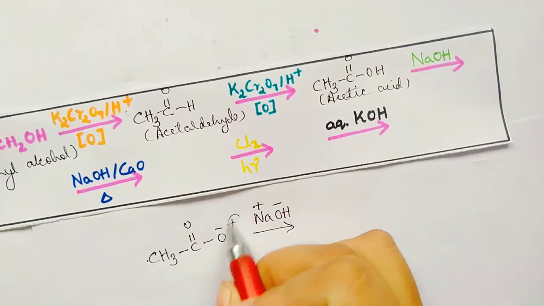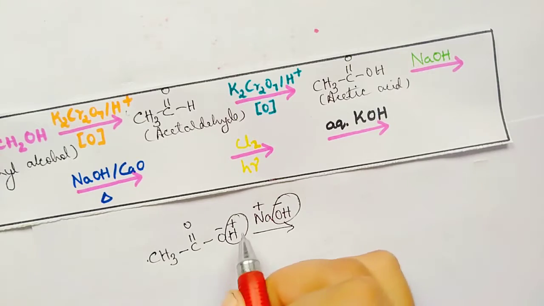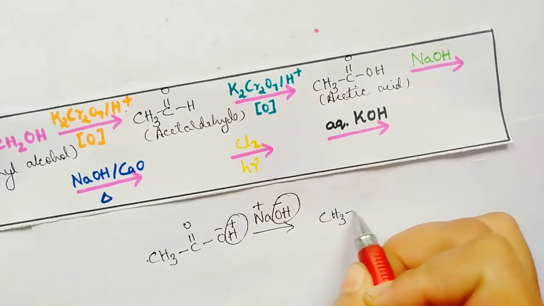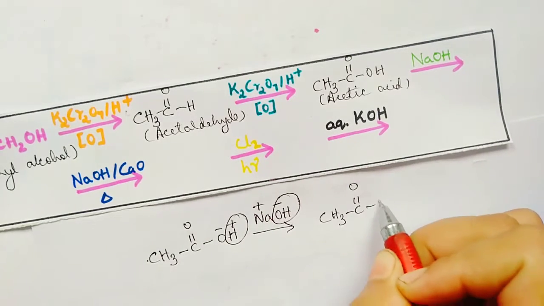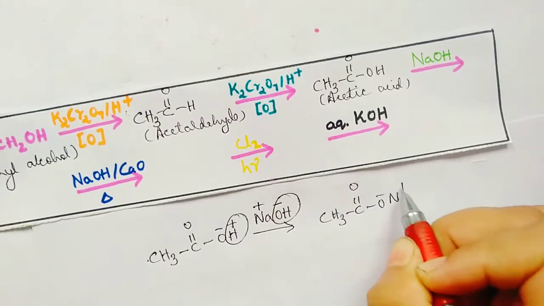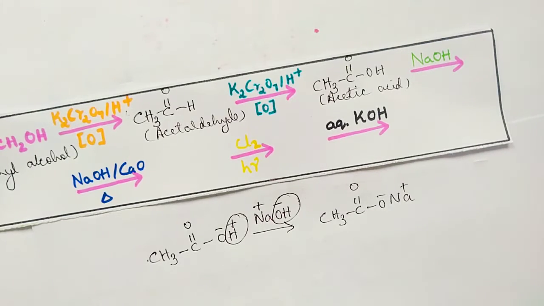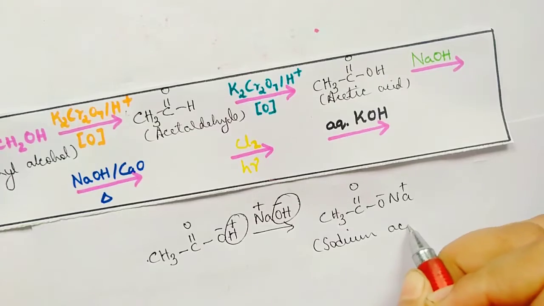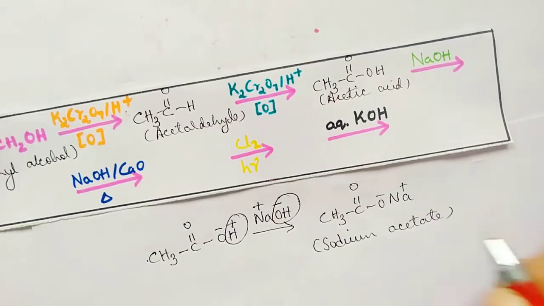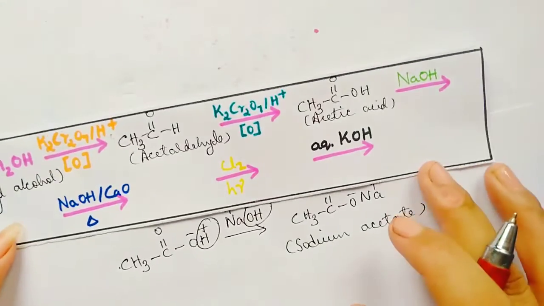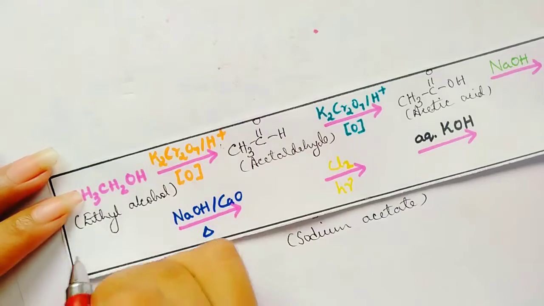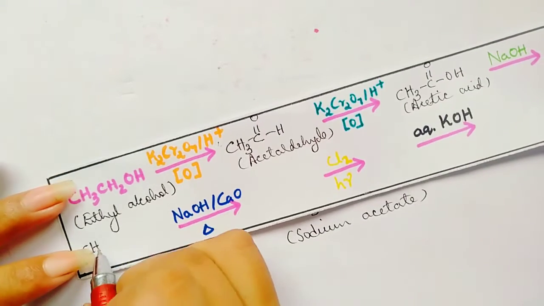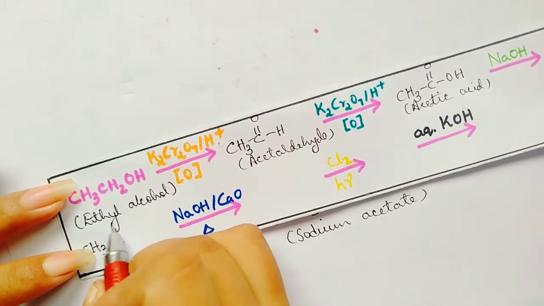So we have a water molecule, and then here we have O minus and Na plus, which is sodium acetate. So you get sodium acetate.